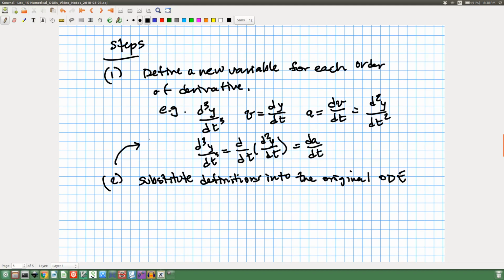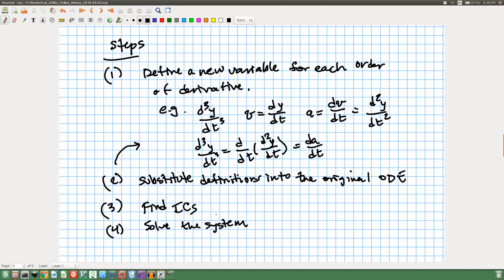I substituted there, and then I would substitute in whatever original ODE I had. Step 3 is find the initial conditions. And then step 4 would be solve the system, say using explicit Euler.